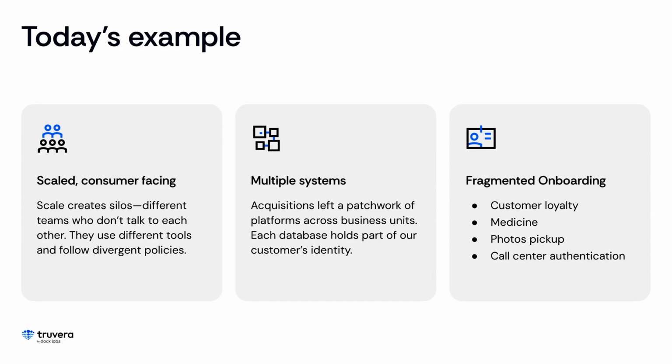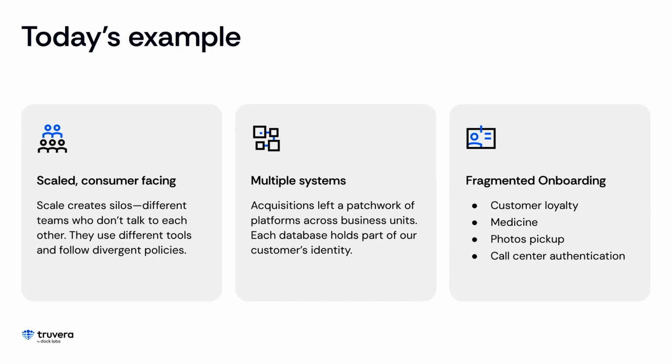Now, for today's conversation, we want to anchor it in a specific example. This is a composite from multiple customers we've had that tries to highlight some key principles. In this example, we're looking at a scaled consumer-facing business. And scale creates silos. There are different teams that don't always talk to each other. They've got different policies and different tools. And because we grew our organization through acquisition, there are different platforms and different business units.